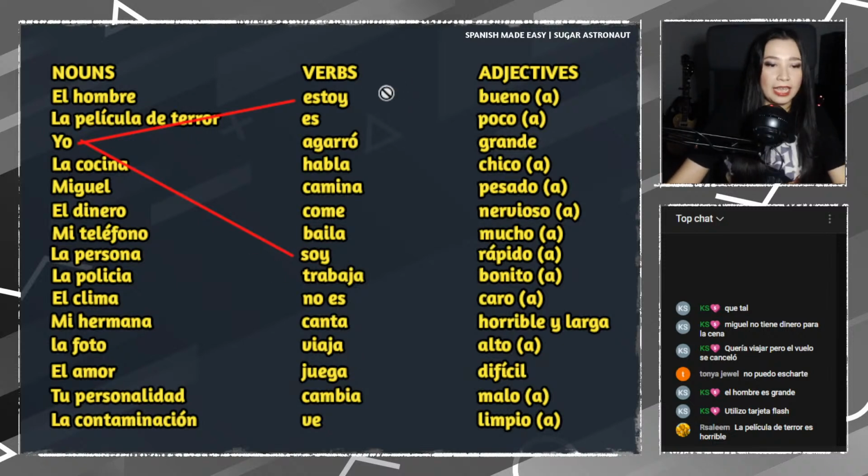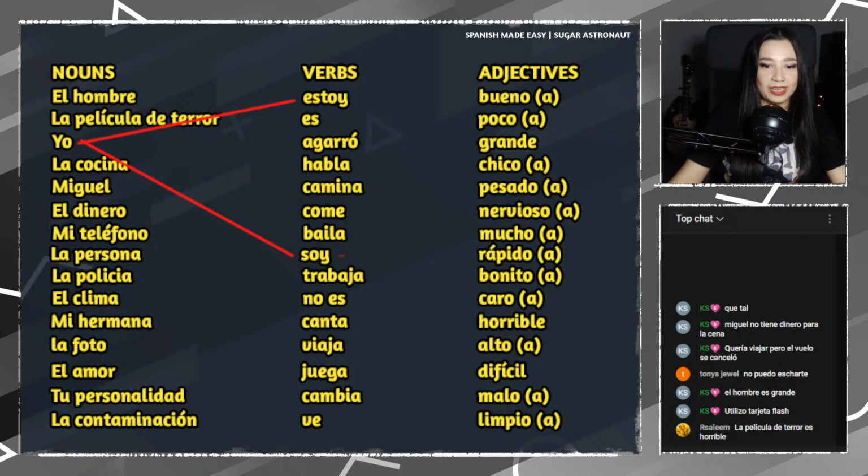Okay, then what I can do here is yo soy. We can't use nervioso because that's temporary, okay? Yo soy, well, let me remove larga. We don't need it.